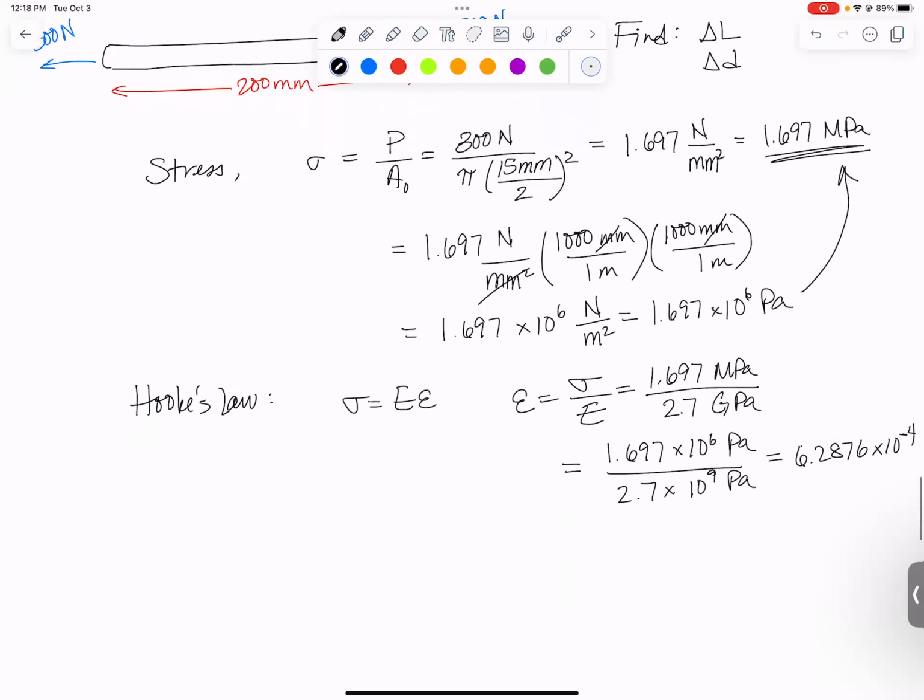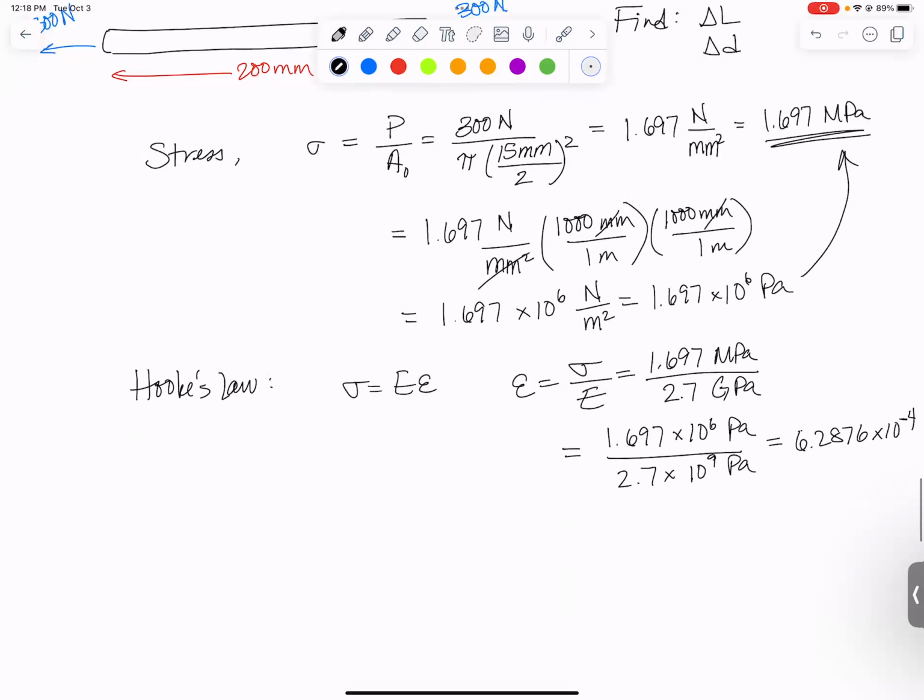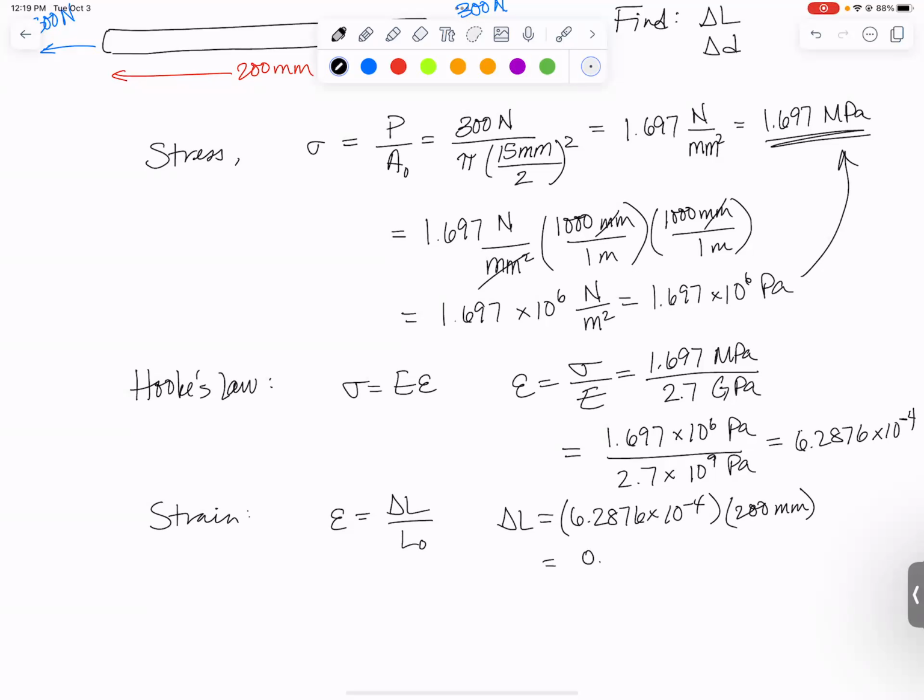But it didn't ask for strain, it asked for delta L. So let's use the definition of strain, which says strain is delta L over L naught. So delta L will be that strain, 6.2876 times 10 to the minus fourth, times the original length, which was 200 millimeters. And I'll get that my change in length is 0.126 millimeters. There's one of my answers.